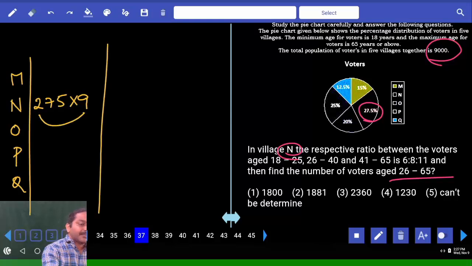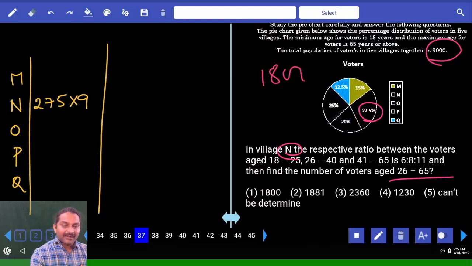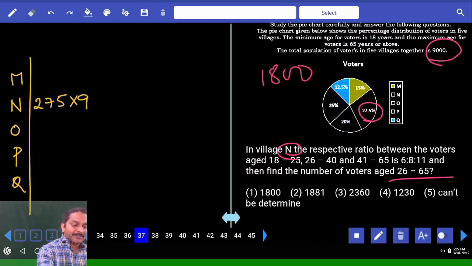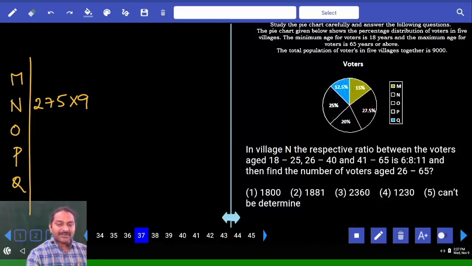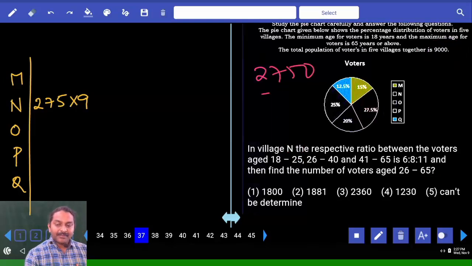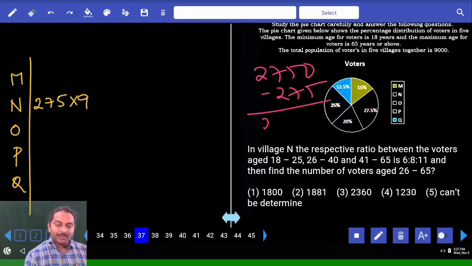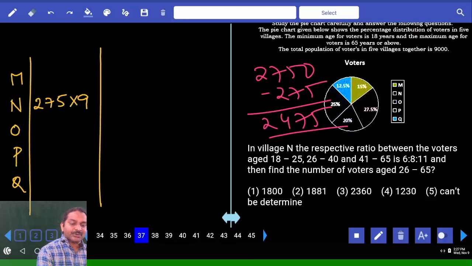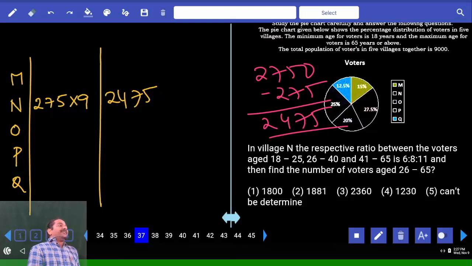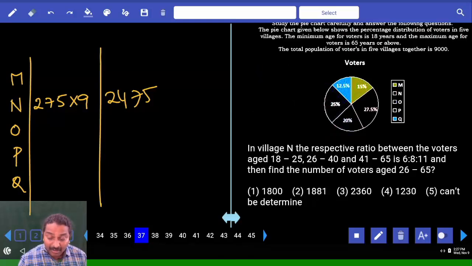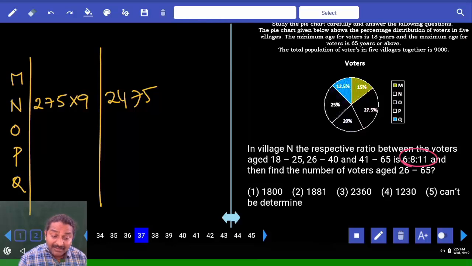Otherwise what you can do is take 10 times and then subtract 1 time. 10 times minus 1 time is 2,475. And now 2475 is divided into how many parts total? 25 parts. How do you get that?